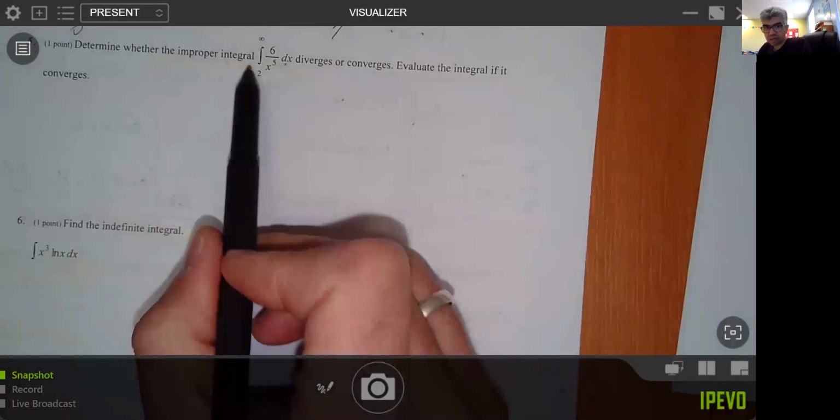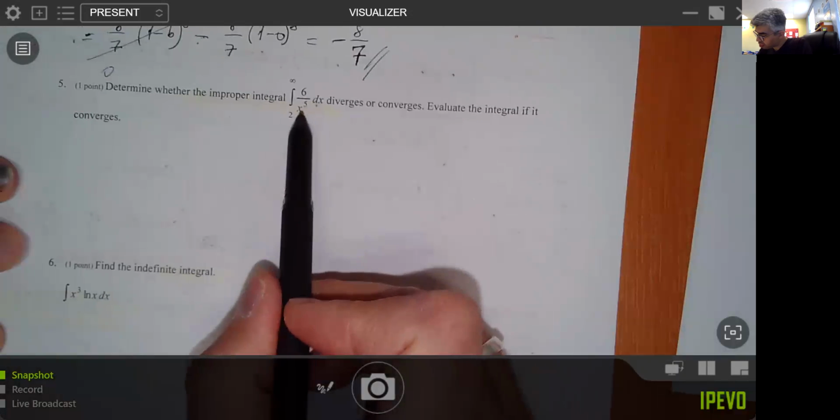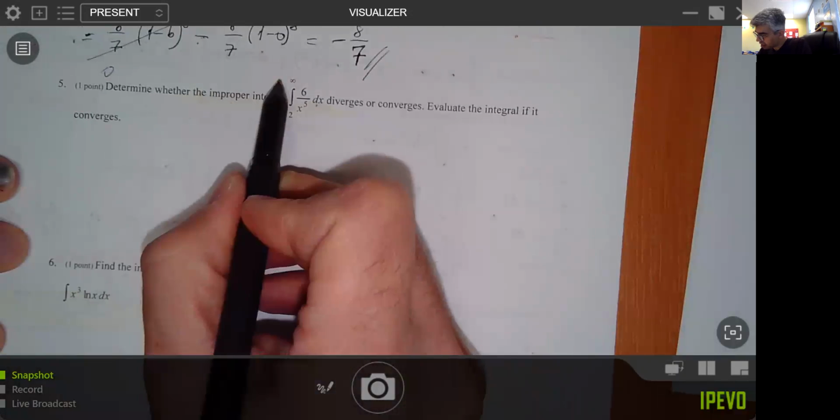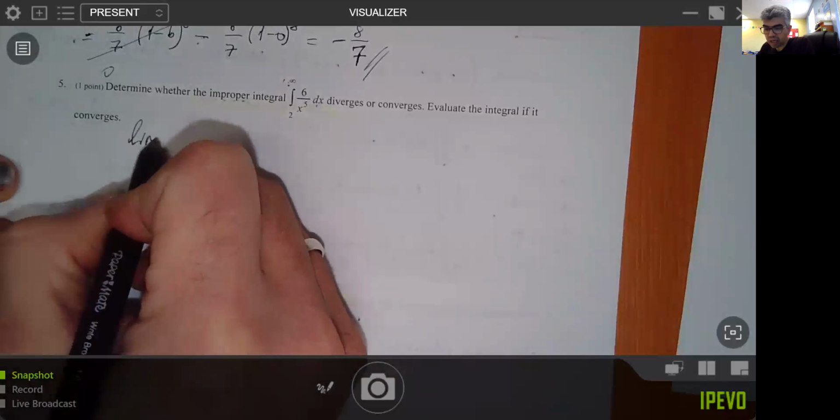And again, another integral, from 2 to infinity. And again, it's an improper integral. In case we have infinity, we have to use the limit, right? So what do I have?